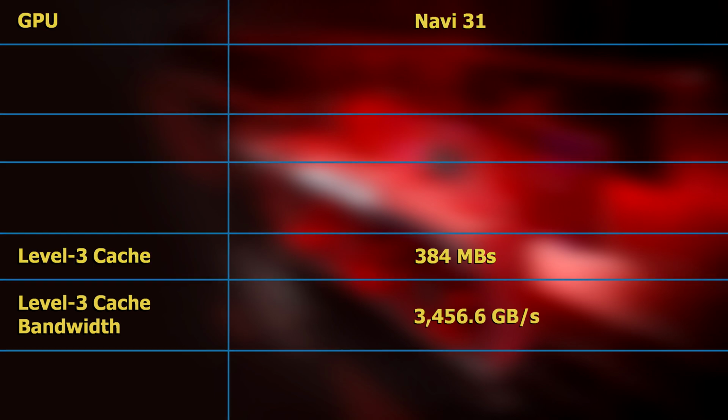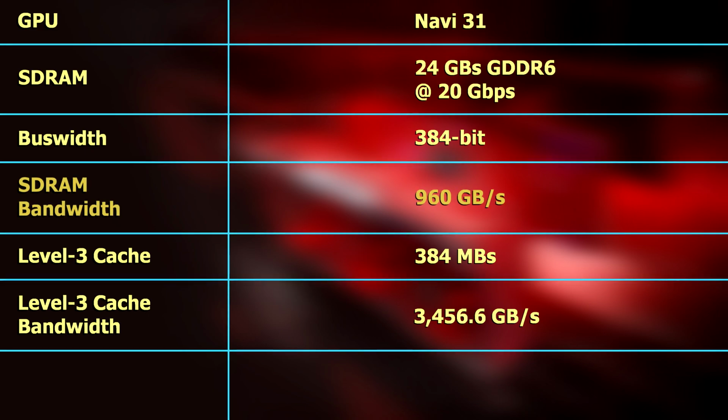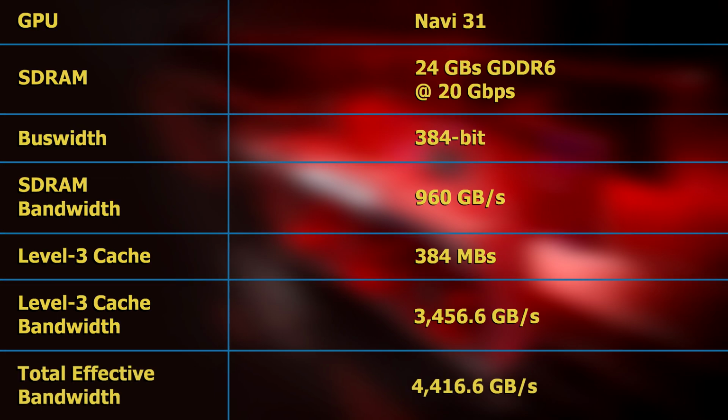Navi 31 will purportedly have 24 gigabytes of GDDR6 that runs at 20 gigabits per second via a 384-bit bus. Hence, its SDRAM's bandwidth would be 960 gigabytes per second. Adding these two values together would equal 4,416.6 gigabytes per second. In other words, the effective bandwidth of Navi 31 could be 4.4 terabytes per second.